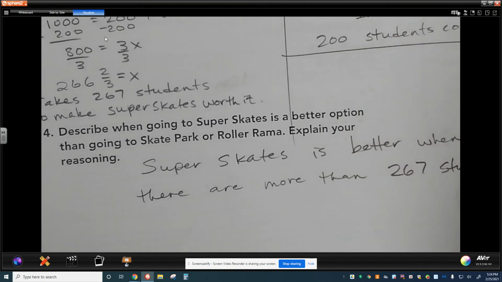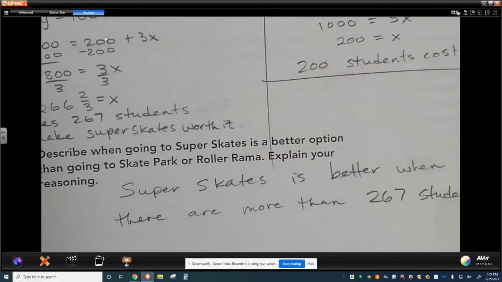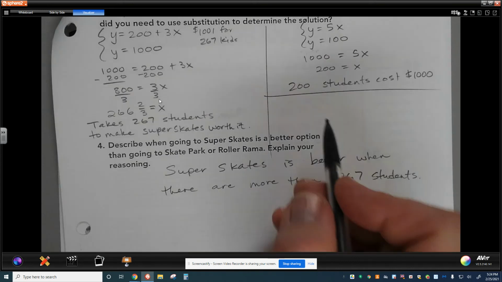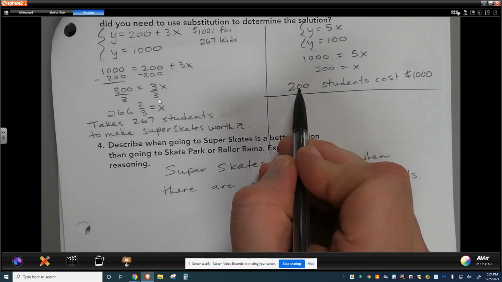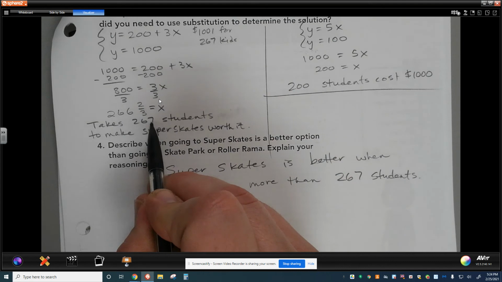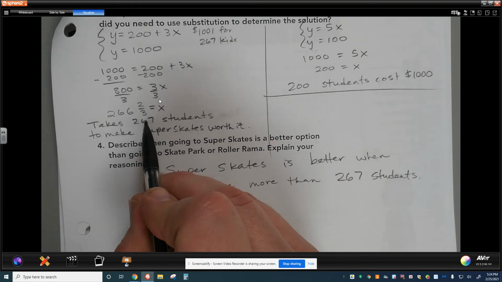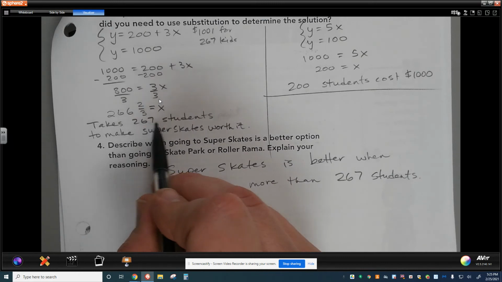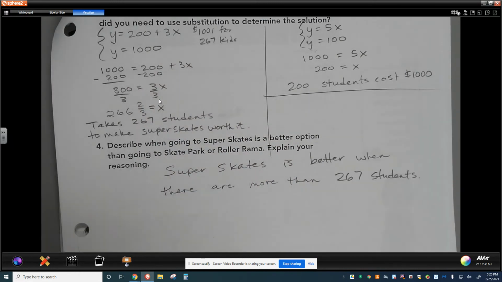Now you might think, well, why aren't we saying 200 kids? Well, because for this case, that's far fewer kids to take to the park. So we could take a lot more kids to Skate Park. And then if it ends up being more than 267 kids, we can take them to Super Skates, and then we still set up a good situation for ourselves.